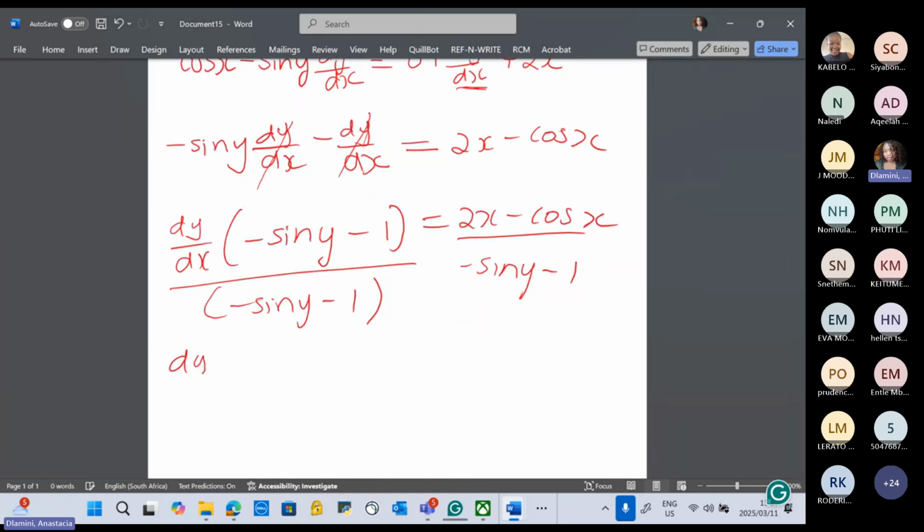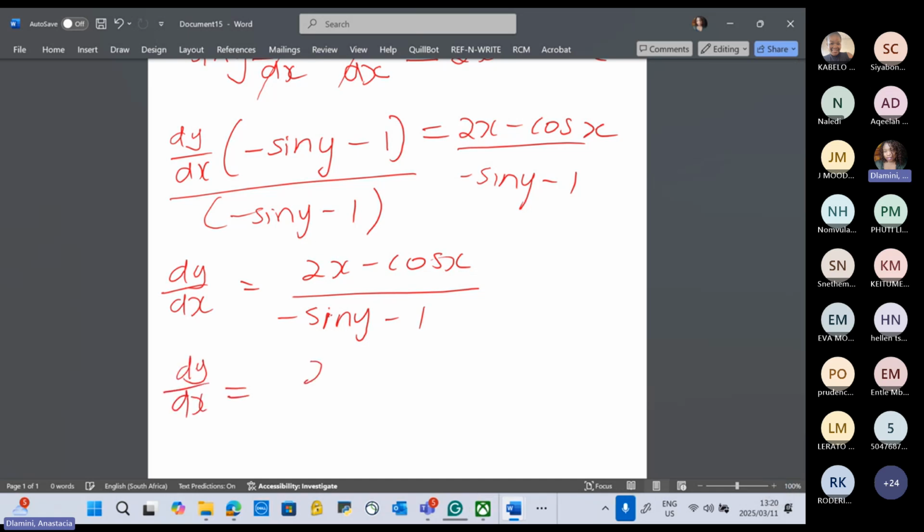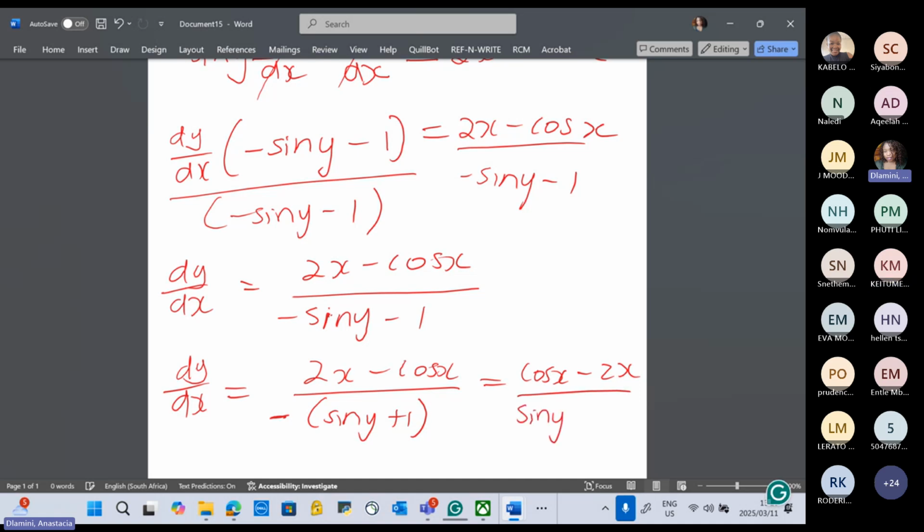So dy over dx equals 2x minus cos of x over minus sine of y minus 1. But you can also take out the negative if you want, just to simplify it nicer. So you can take out the negative outside, sine of y plus 1, and take the negative on top. So this is cos of x minus 2x over sine of y plus 1.